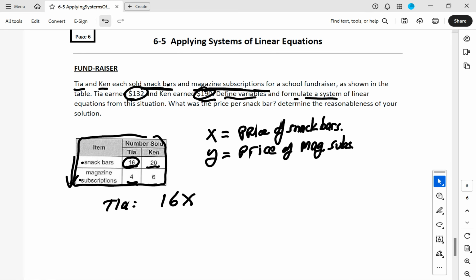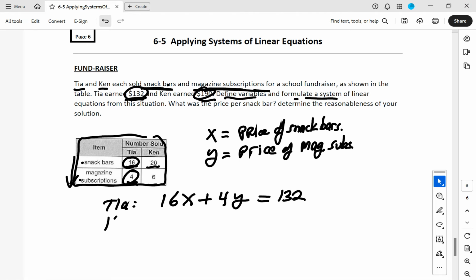So 16 snack bars times however much money, that's how much she made on snack bars. And then she had 4 magazine subscriptions, so 4y is the price of the magazine subscription, so 4 times y. And Tia earned $132. So since we're told how much she earned, we should put this in.